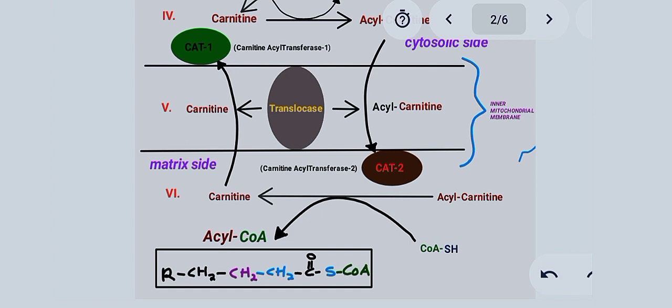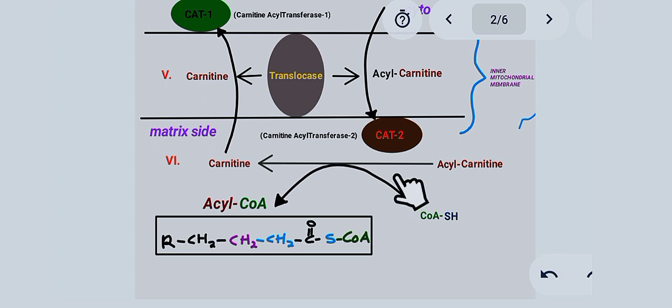That's why we converted to acylcarnitine, so that it can enter into the mitochondrial matrix, and then when it reaches here, acylcarnitine will be converted back to acyl-CoA. There is this enzyme, carnitine palmitoyltransferase 2. What is it going to do? It's going to remove the carnitine and add the coenzyme A. So it will form acyl-CoA.